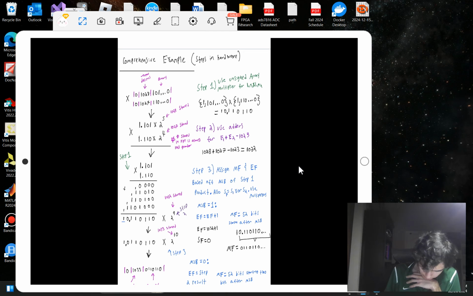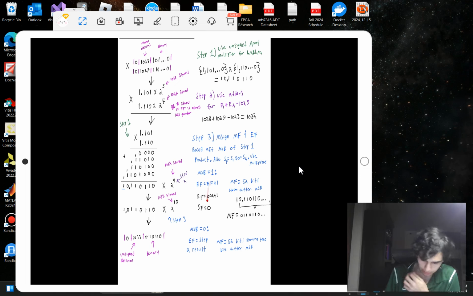And then, so that's this. And then for step 3, there's going to be 2 cases. Either the most significant bit is a 1, in which case you use all the bits that come after. From here, 52 bits down, that'll be your final mantissa. And then you just use the exponent.